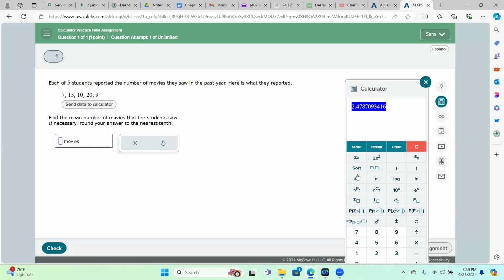And so the first z is 2.4787. And I'm just going to hit the probability less than that right now so I can get that probability. So that probability is 0.9934.